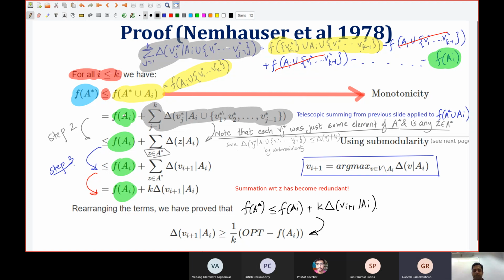Delta of Vi plus 1 given AI, move this term, is greater than or equal to 1 upon K times f of A star, which is the same as OPT, minus f of AI, the whole thing. Is this okay?